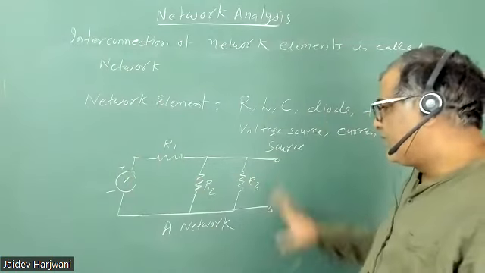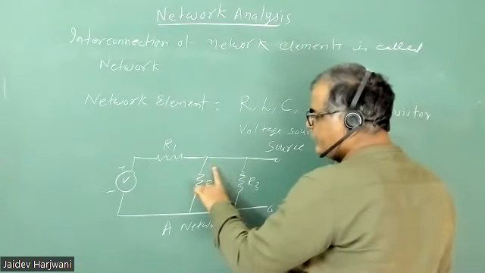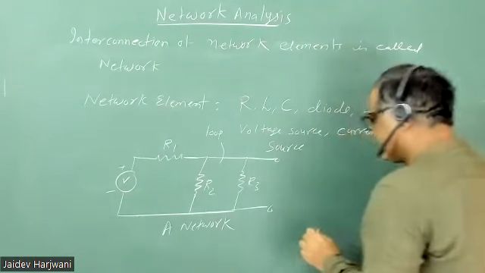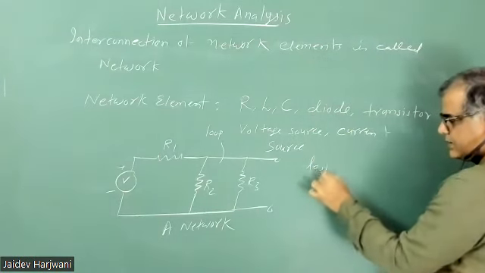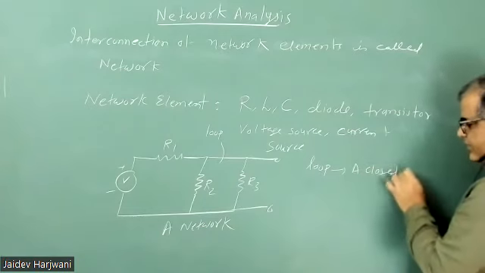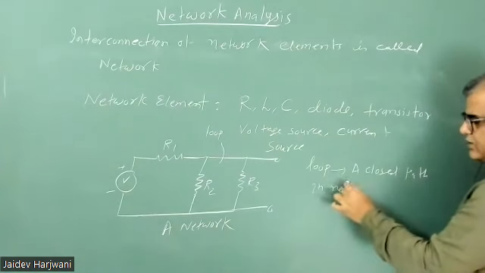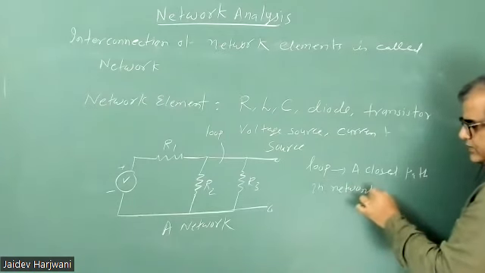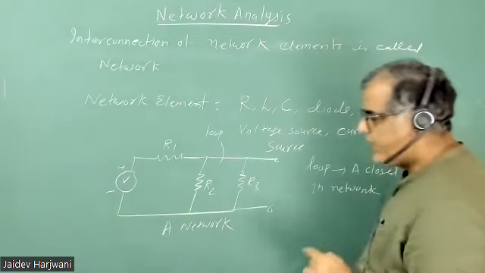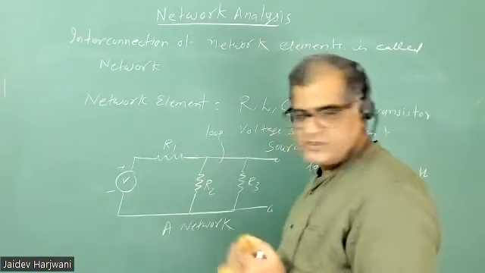If I take the closed path in this network, this is a loop. Loop means a closed path in a network or circuit. A closed loop with an energy source is called a circuit.